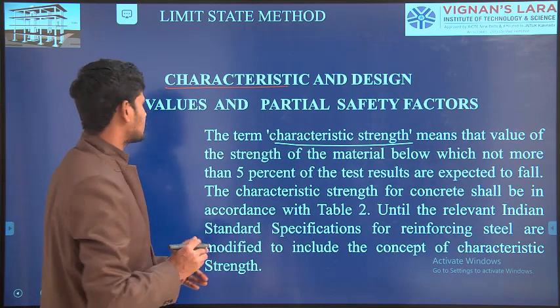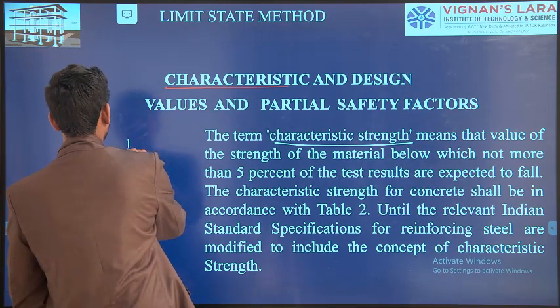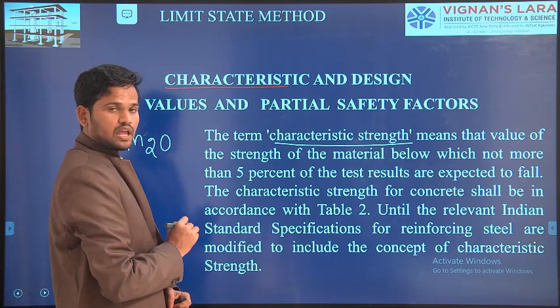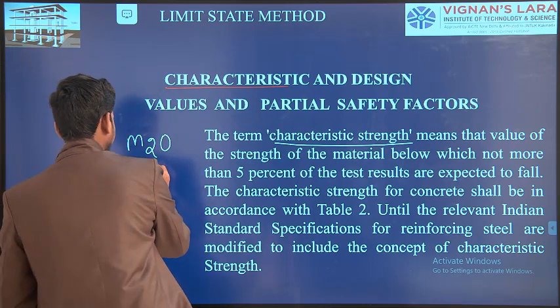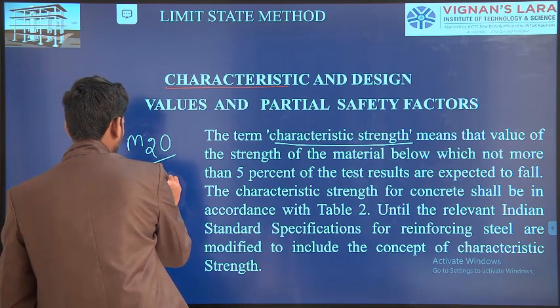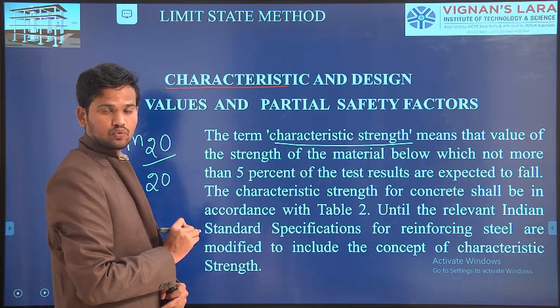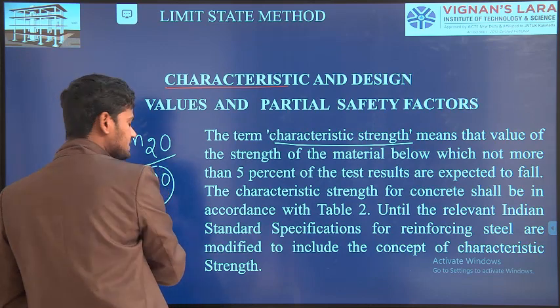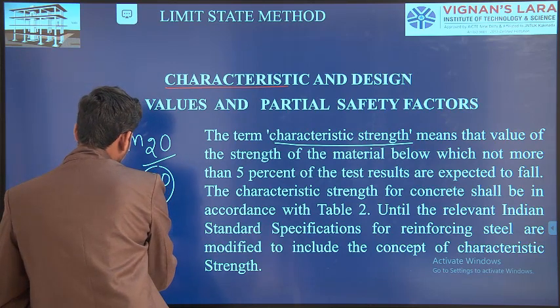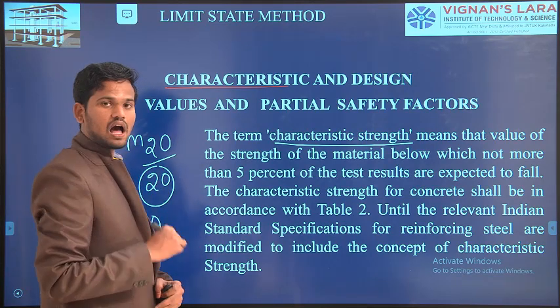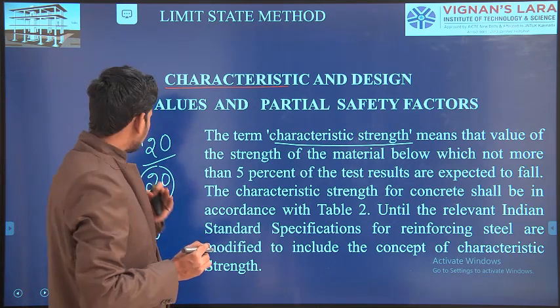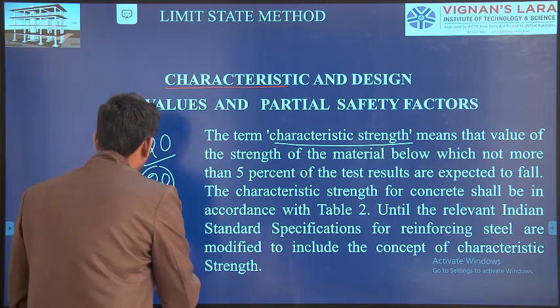Not more than 5% of the test results should fall below the target mean strength. Suppose I am preparing M20 grade concrete. For M20 grade concrete, the characteristic strength is 20 megapascal or 20 Newton per mm square. Suppose I am casting 100 cubes and testing all of them in the compression testing machine.